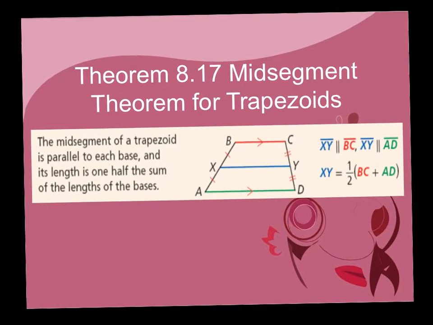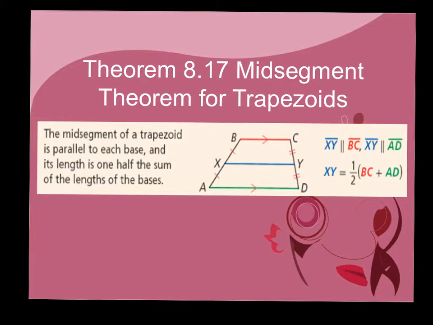Okay, theorem about the midsegment. So this is the Midsegment Theorem for trapezoids, which says that the midsegment of a trapezoid is parallel to each base, and its length is 1/2 the sum of the lengths of the bases. So this is where it becomes different from a triangle. The triangle midsegment, we said the same thing initially. We said that it would be parallel to the third side, but we said it was 1/2 the length of the third side.